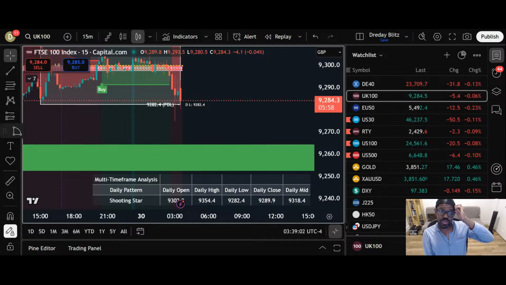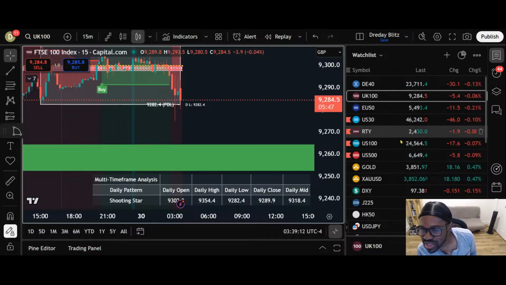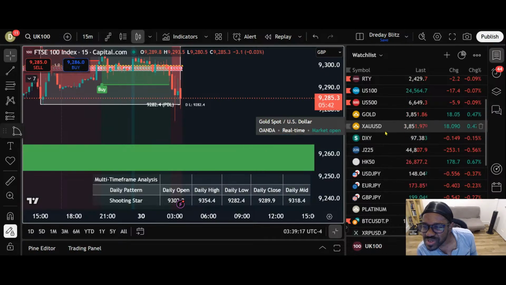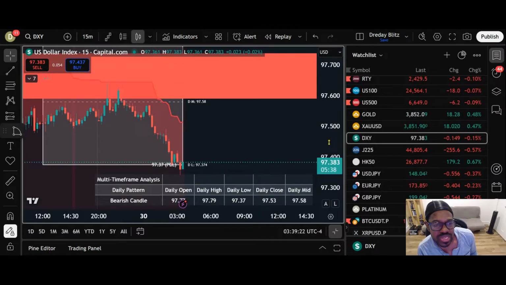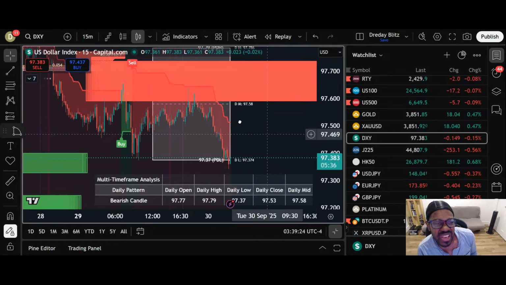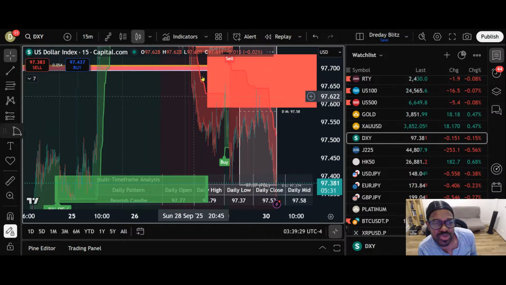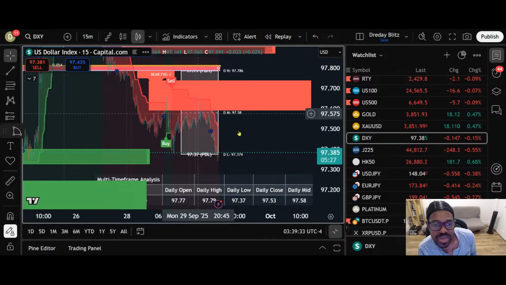If you have any questions, guys, on anything else, it could be another indice or forex pair, we could look at it. We could look at, let's say, GU and EU. But first, we're going to look at the DXY. DXY is trading down. As you can see, this is the 4 hour fair value gap. It went to that bearish fair value gap on the 4 hour, and now it's trading down.